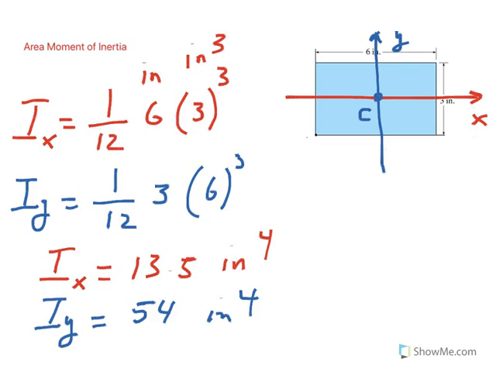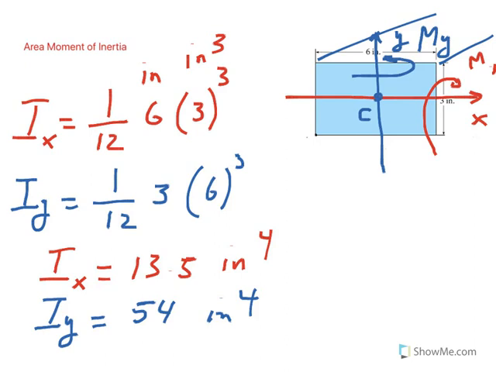So if you imagine a beam whose cross section was this 6 by 3, and you were trying to bend it about the x-axis, applying a bending moment like this, moment about the x-axis, versus if you bend it about the y-axis, moment about the y-axis.